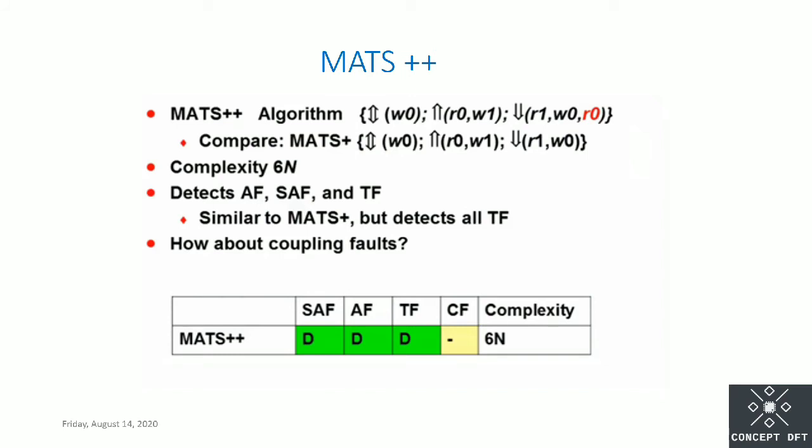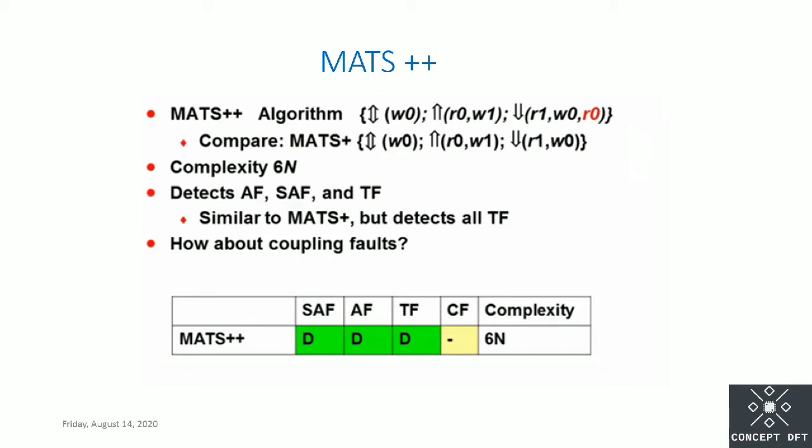MATS plus plus. The difference between MATS plus and MATS plus plus is that we are adding one read 0 at the end of the MATS plus algorithm. So the sequence of MATS plus plus is: write 0 in any direction, then read 0 and write 1 in ascending direction, then read 1, write 0, and read 0 in descending order.